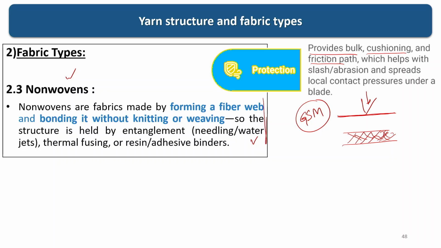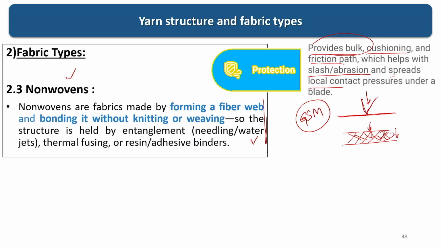due to the bulk and cushion it enhances the friction path. That means it delays the entire cutting process, which helps against slash or abrasion and spreads the local contact pressure under the blade.